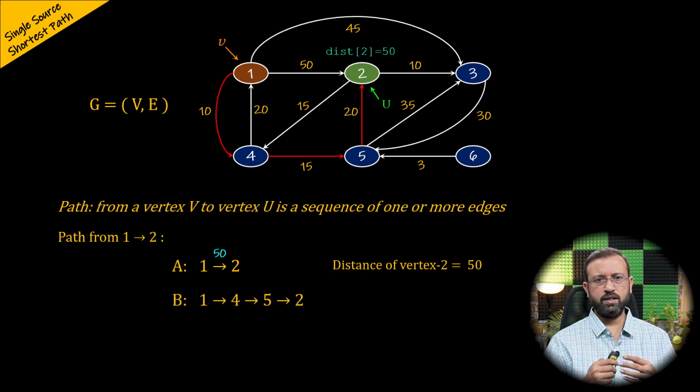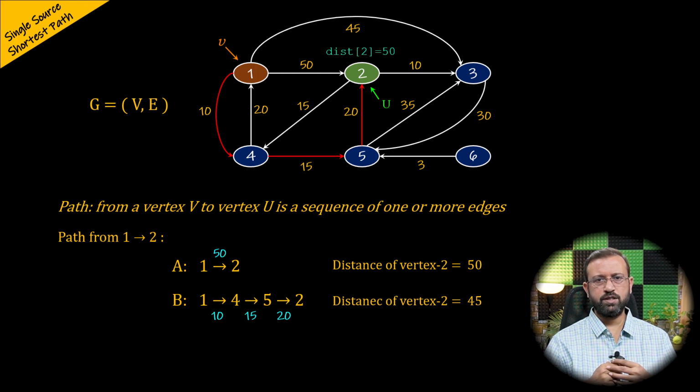Let us call this path B. The length of path B is the sum of the cost of the edges: from vertex 1 to vertex 4, which is 10, plus from vertex 4 to vertex 5, which is 15, plus from vertex 5 to vertex 2, which is 20. Therefore, the length of path B is 10 plus 15 plus 20, which is 45. So, we say that the distance of vertex 2 from the source vertex 1 using path B is 45.